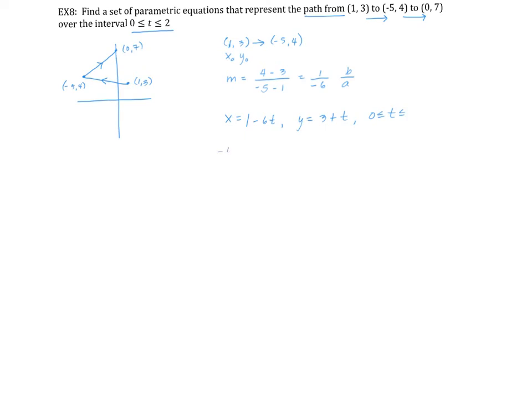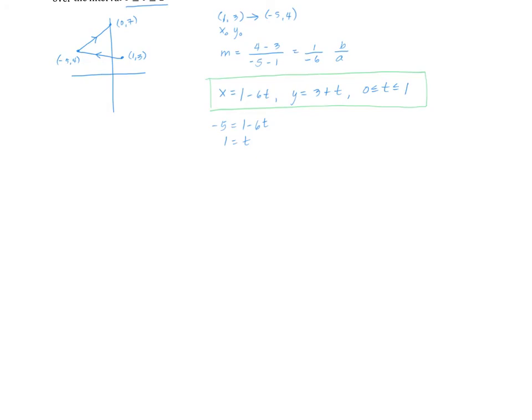So if I put in -5 for x, and I solve for t, then I get -6 divided by -6, I get 1. Now if I put t is equal to 1 in the y equation, I get the point 4. So when t is equal to 1, I'm at the point -5, 4. So that's good. From 0 to 1, I'm going from the point 1, 3 to the point -5, 4.